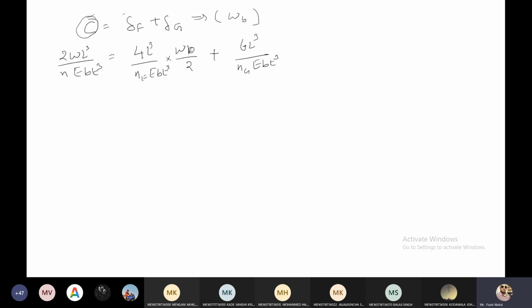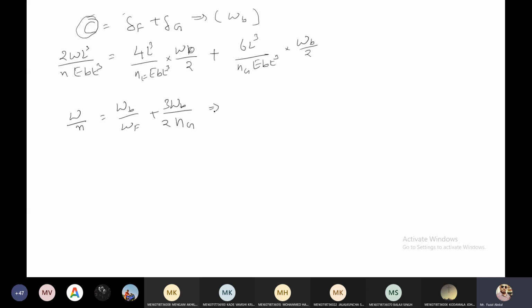Here also we have to multiply with the W, but I am writing separately here because the load is applied on the bolt, that is WB by 2. Now if we simplify this one, W by N equal WB by WF plus 3 into WB by 2 into NG.